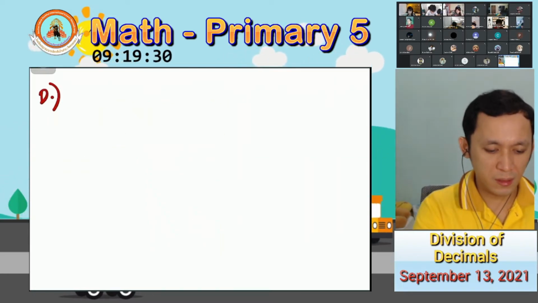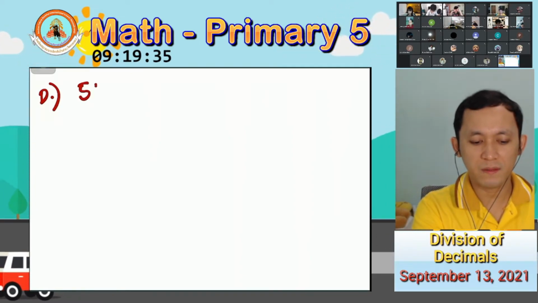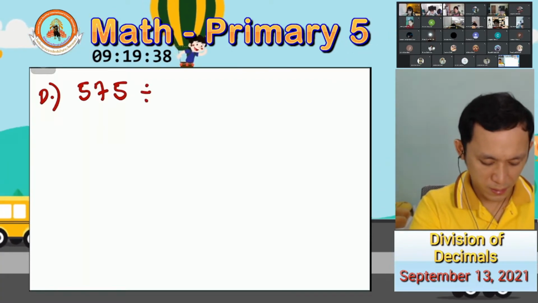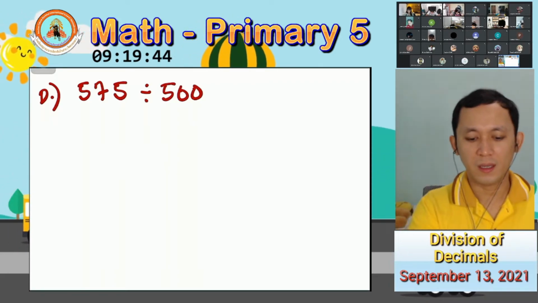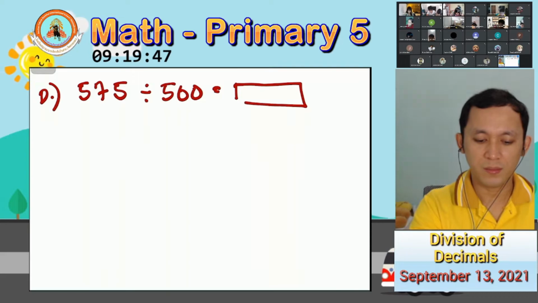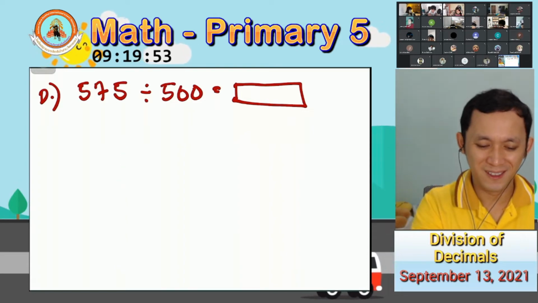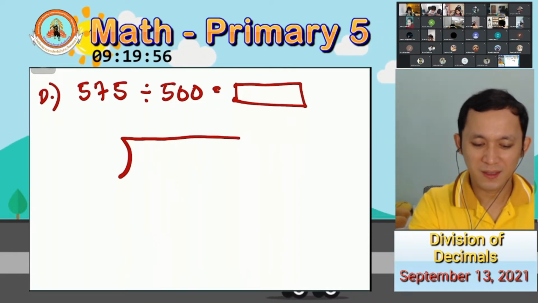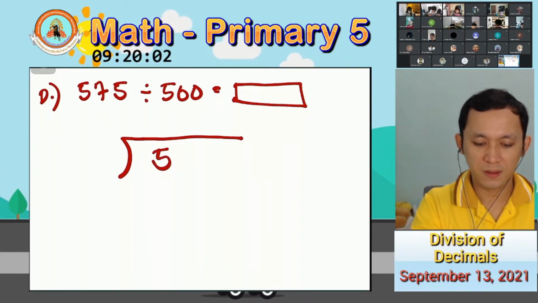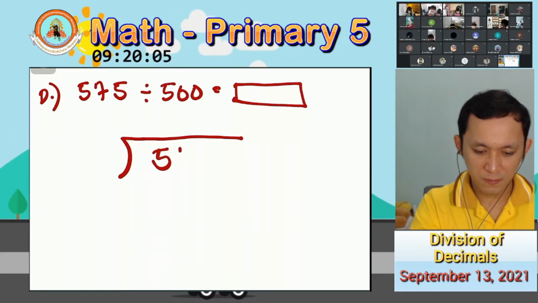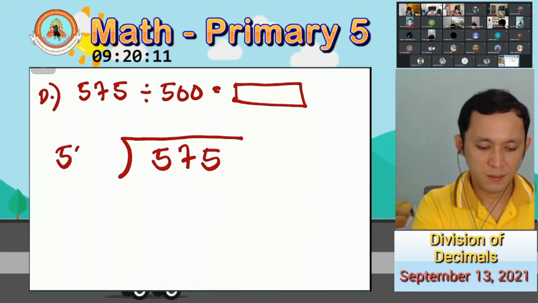Now let's have letter D. We have 575 divided by 500 is equal to blank. Let's write it properly. So again, we have dividend inside, 575, and we have here 500.